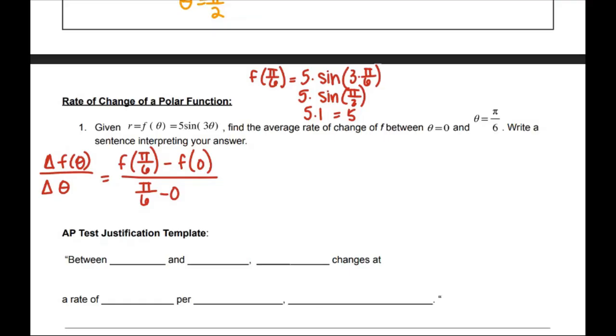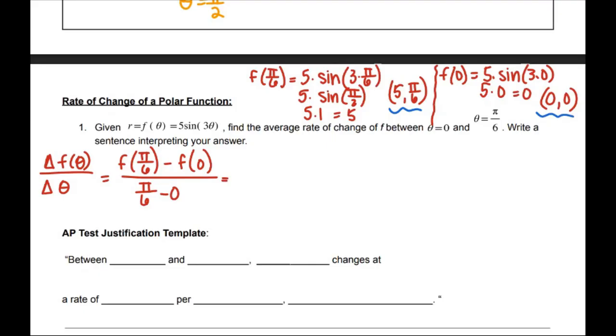So r, theta would be 5, pi over 6. And then for f of 0, you would get 5 times sine of 3 times 0. And sine of 0 is 0. That would give me 0. So this would give you 0 comma 0.